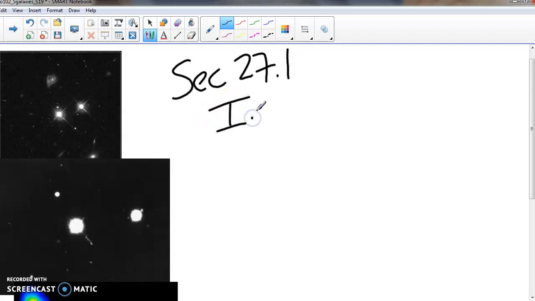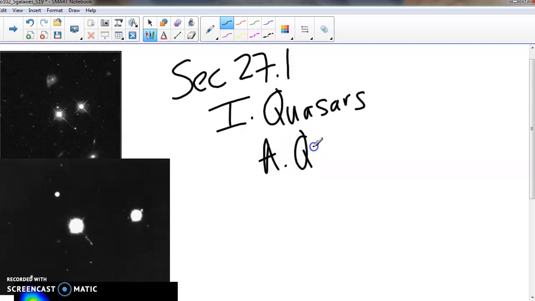So, about 50, 60 years ago, we saw these bright lights in the sky that we called quasars. So quasars are an interesting thing. Quasar is sort of short for quasi-stellar radio source.